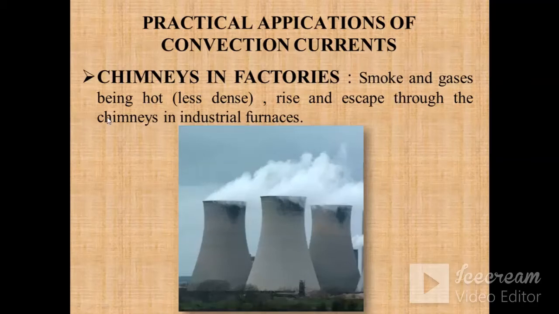So that smoke and gases, which are hot and less dense, quickly rise and escape through the chimneys in the industrial furnaces. Again, this is due to the density difference between the hot air here and the cold air in the atmosphere.